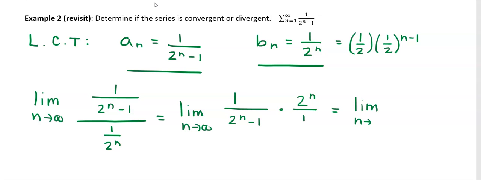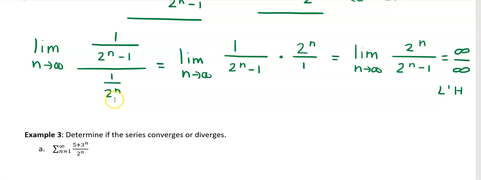So just kind of cleaning this up, tidying up our work here. Now, we see that if we try to evaluate this as n approaches infinity at this moment, we would get infinity over infinity, which is of course an indeterminate form, so we'll need to apply L'Hopital's rule.